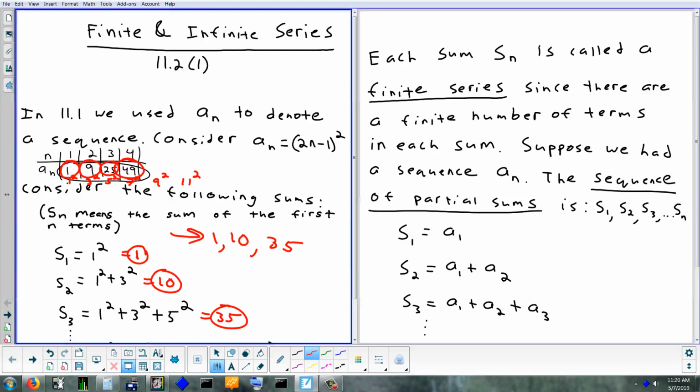They'll give you a formula, so you're not going to have to figure that part out usually in this section. What you are going to have to figure out is a quick way of adding everything up. And that can be a little tricky. I doubt anybody sees a pattern here: 1, 10, 35. Even if I gave you more numbers, you'd still have a hard time figuring out the pattern of those numbers in red.